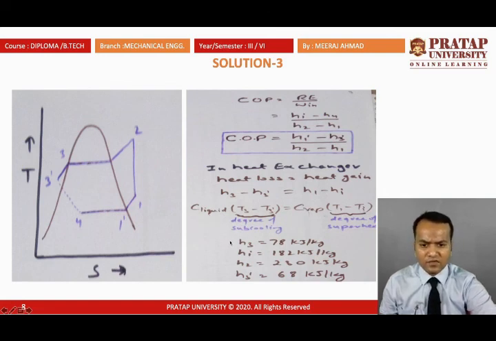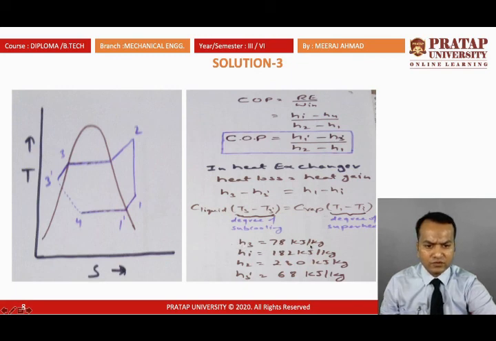Then in the question it is given that H3 is equal to 78 kilojoule per kg, H1 dash is 182 kilojoule per kg, H2 is given as 230 kilojoule per kg, and H3 dash is also given as 68 kilojoule per kg.